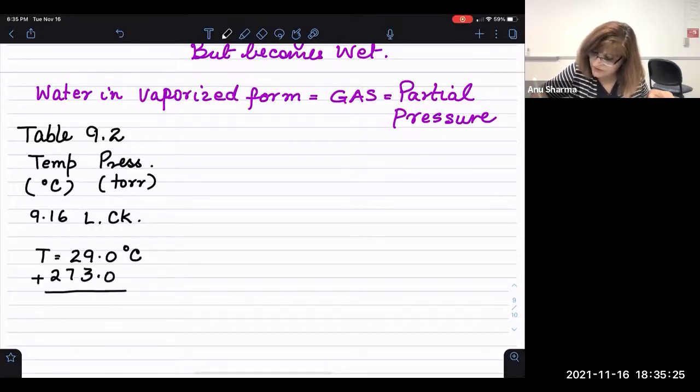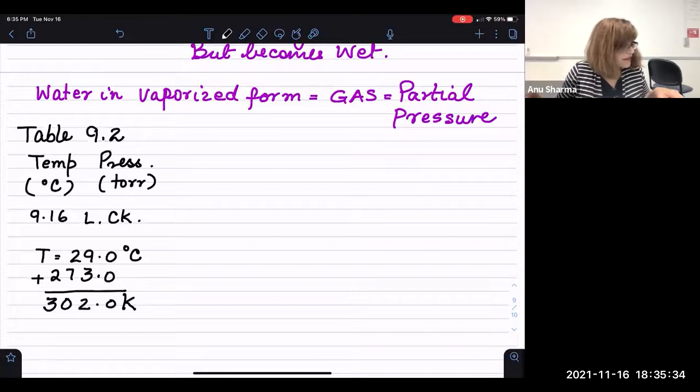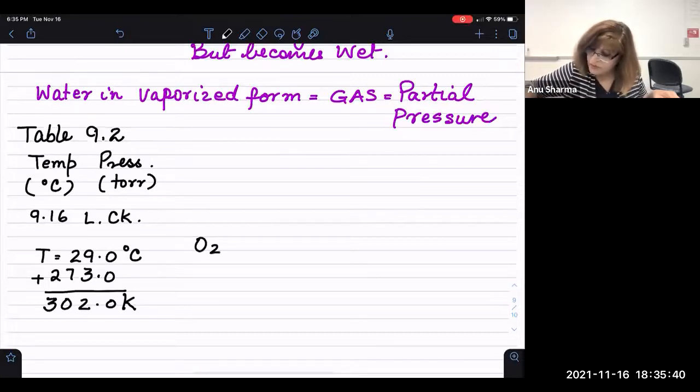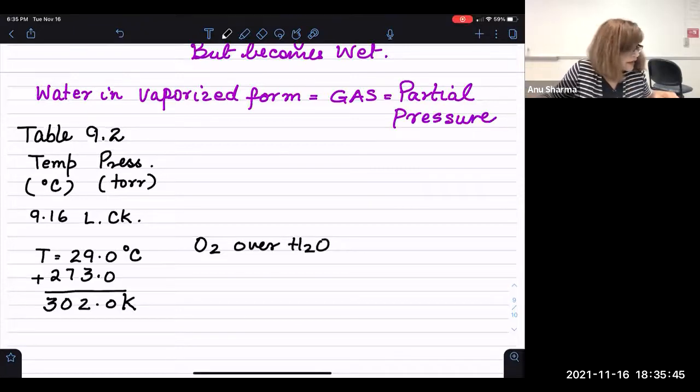So this is going to give you 302 K. Okay, a sample of oxygen collected over water. So we are looking at oxygen gas over water, at a temperature of 29 and a pressure.